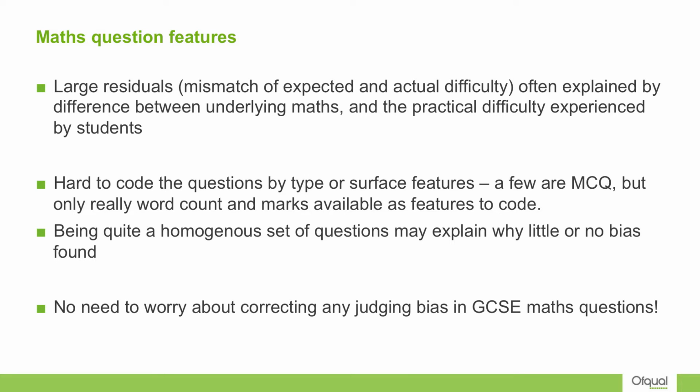We didn't try to do any kind of analysis to see what effect certain features had on the questions, because there wasn't that much bias in the data anyway. There's not that much to code these maths questions on. You've got marks and you've got the number of words. We didn't want to go down the route of looking at domain, that more cognitive level of analysis.